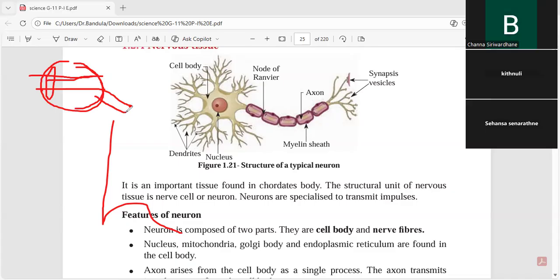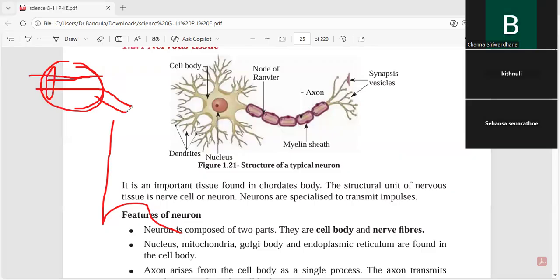What is it? Rod cells. No. I am asking the name of the nerve, not the cells of the retina.